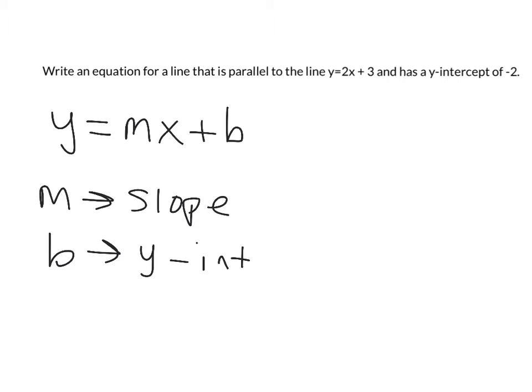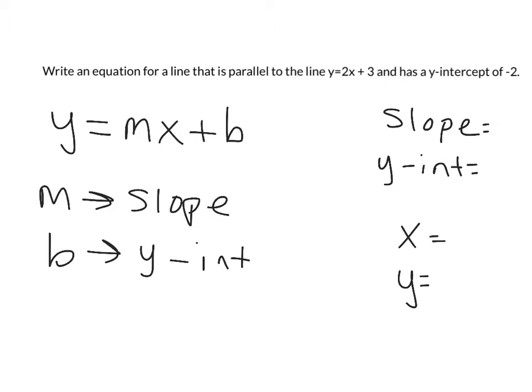Now to write our line, we need a slope and we need a y-intercept. Then we leave x and y just as x and y, unless we don't have a slope and a y-intercept, but we do have a coordinate. We only need this part, but if we don't have both of those, then we need to do something with our x and our y.